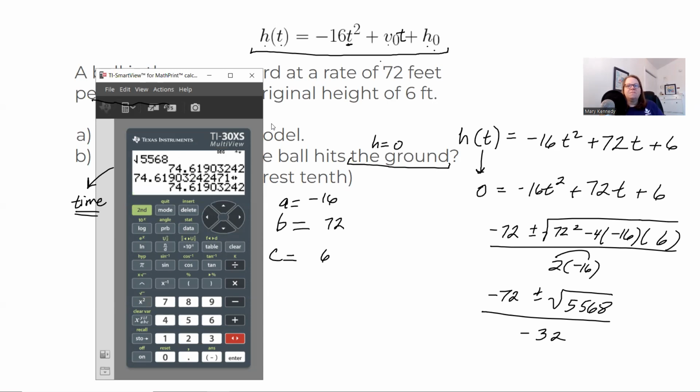So we're going to say -72 plus or minus 74 point. Now it does say to go to the 10th place. That is for a final answer. So at this point, I would go farther than that, 0.619 over -32.